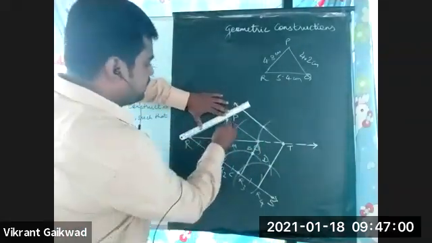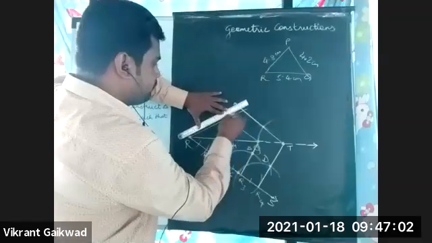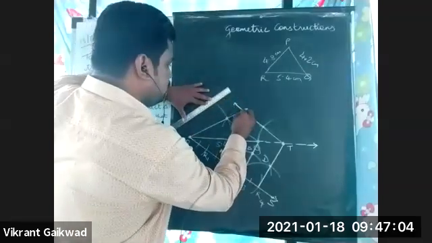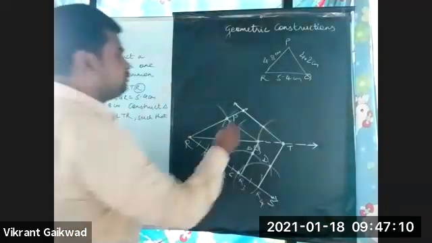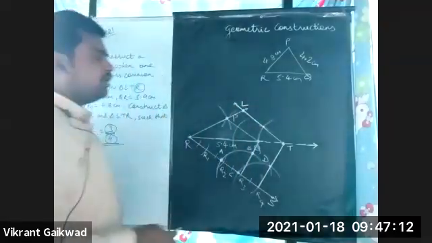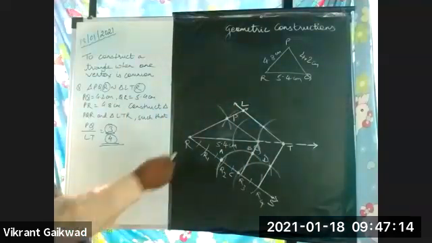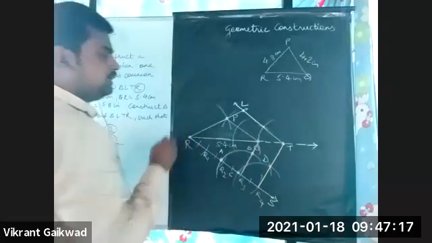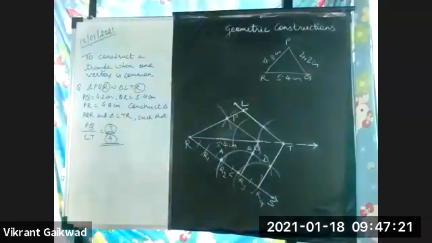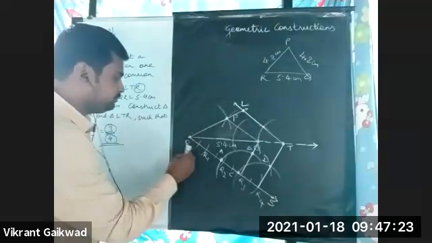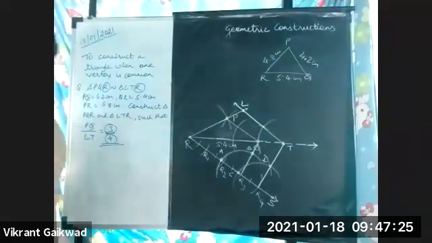Extend line PR. So wherever the two lines meet each other is your point L. You have got triangle LTR and triangle PQR, with common vertex R. R is your common vertex.